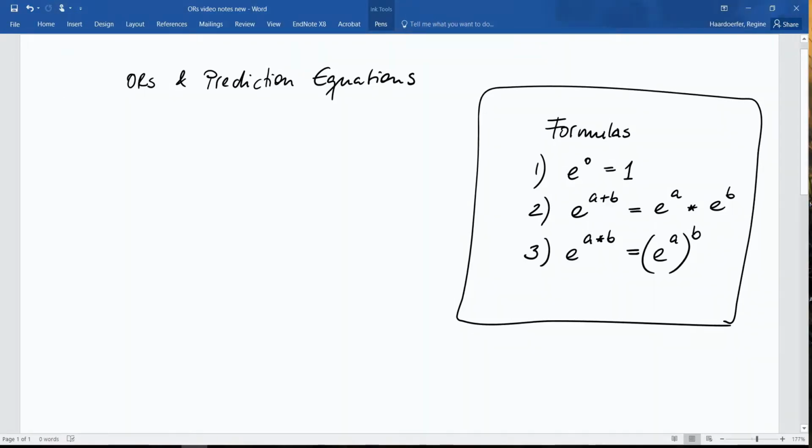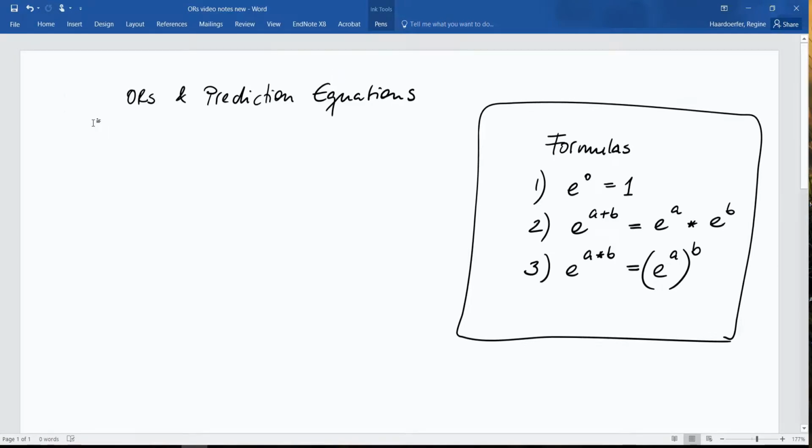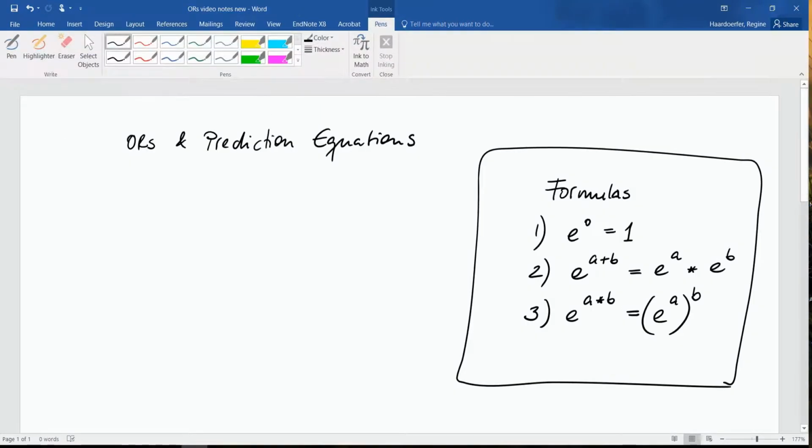I want to get back to the in-class exercise. The notes here, pretty much the same ones that I'm writing out right now, have also been scanned in as a PDF document, and those are my handwritten notes that you can find on Canvas.